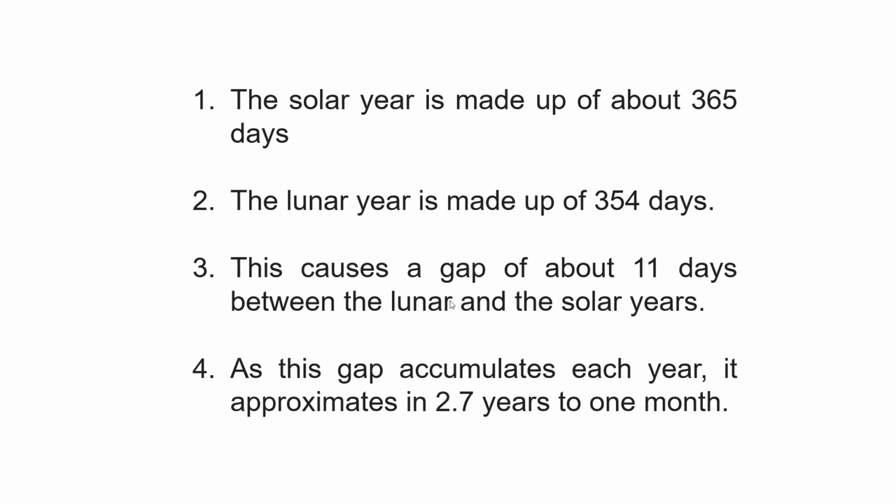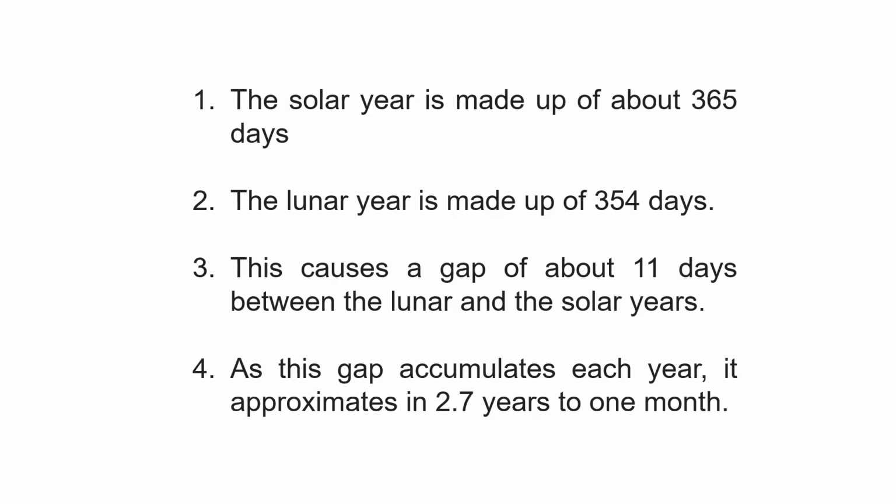Now, as this gap accumulates year over year, we can say that in about 2.7 years, it adds up to another lunar month. Remember, a lunar month is about what? 30 days, 29.5 days.